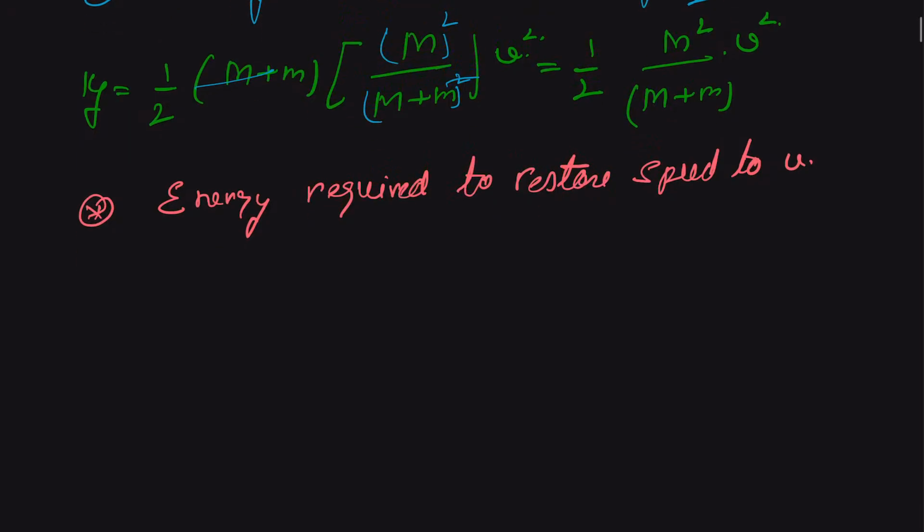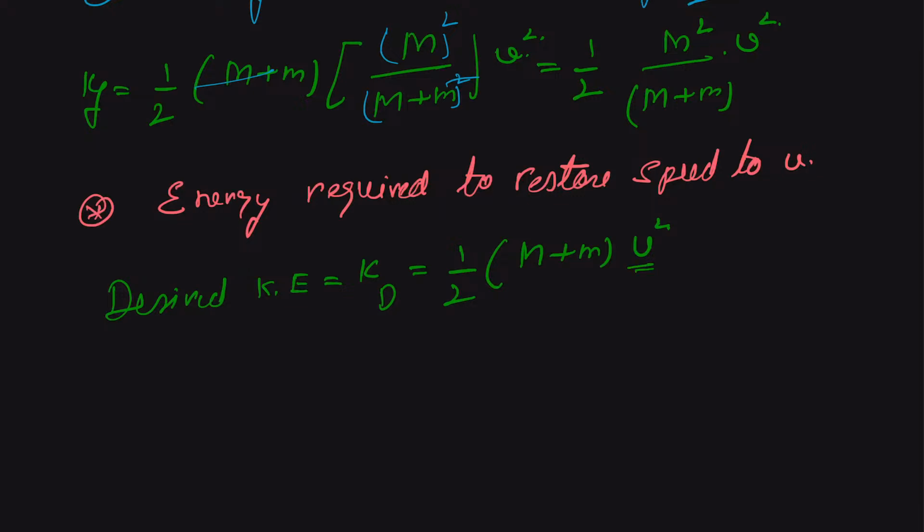So it means the desired kinetic energy, let us call this Kd, should be equal to half m plus small m and v square, because we need that the velocity should be equal to v, not equal to u.